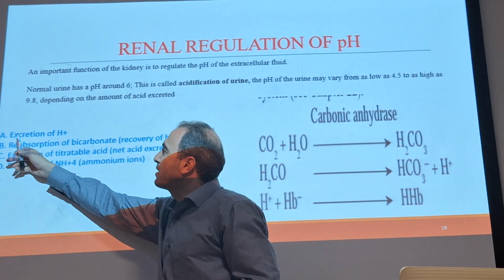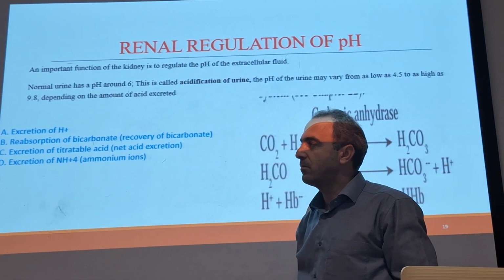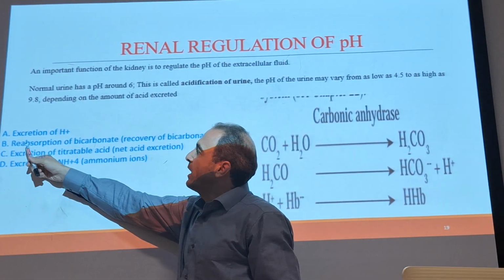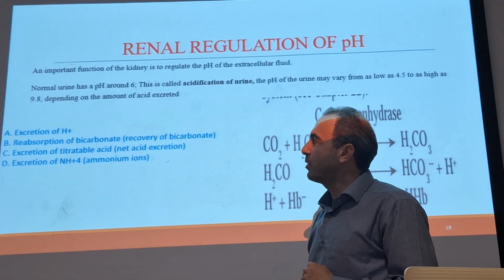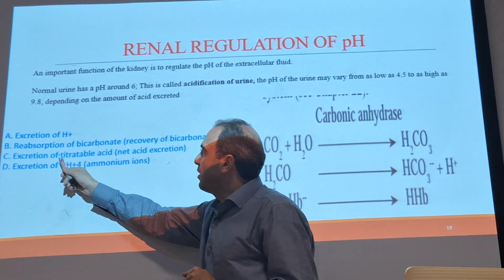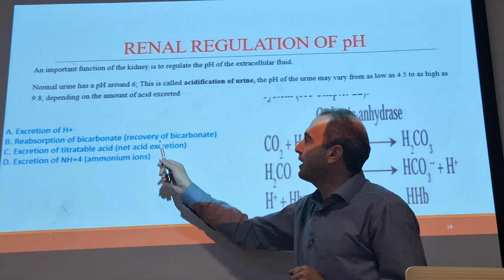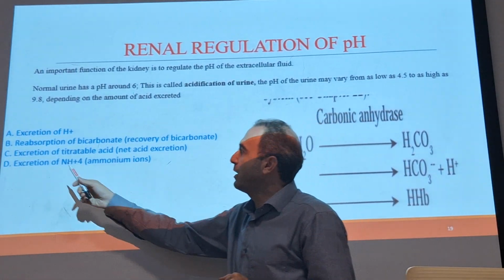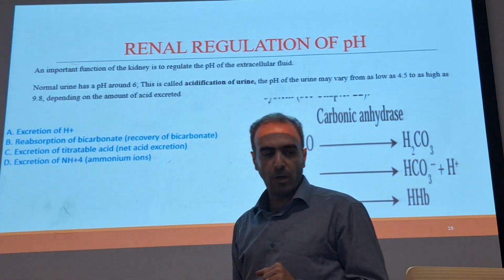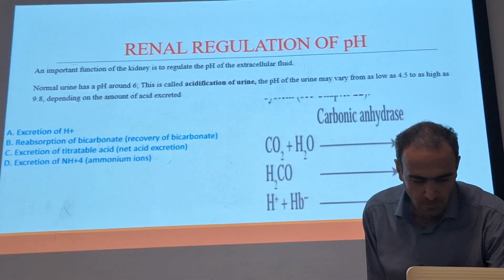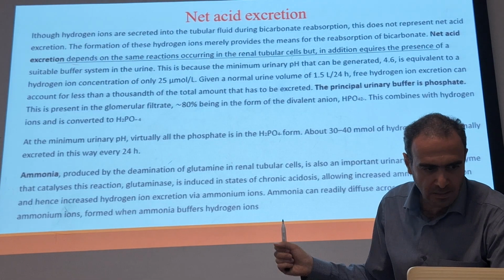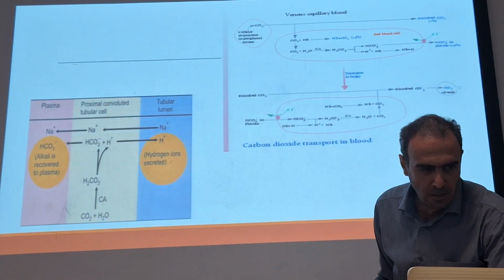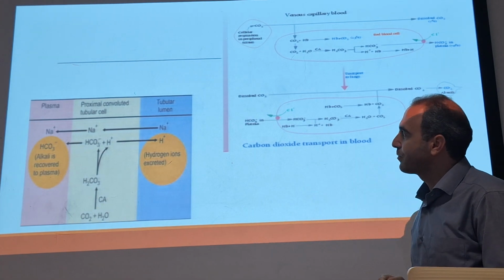One of them is excretion of H positive. Then we can reabsorb the bicarbonate. We call it recovery of bicarbonate. We can excrete titratable acid, or net acid excretion, and also we can excrete the ammonium ion. What are they? Actually I will pass through this net acid excretion here, which is important for us.